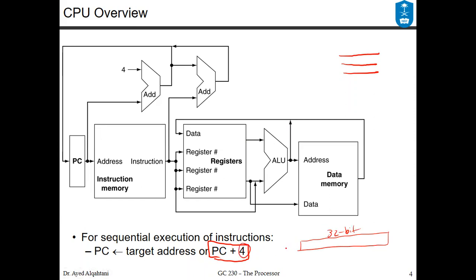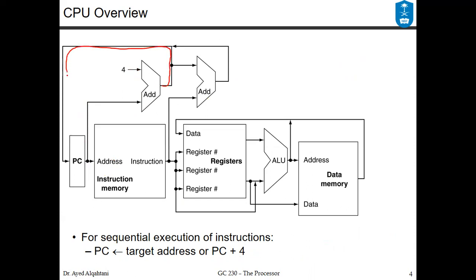So if you are pointing to the current instruction right here, the next one is going to be this place, which is this current address, plus 32-bit or 4 bytes. So it's PC plus 4. And to do this in a hardware way, you take the program counter and you add 4 to it. And this way you get the next instruction.